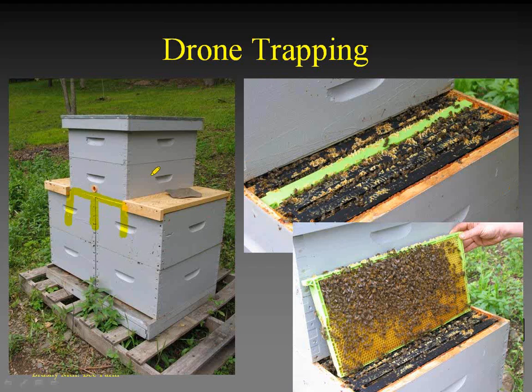And what this does is it forms a seal going down the center of this hive toward the back. So it prevents one queen from coming up through the honey supers and back down into the other hive and killing off that queen and infighting.